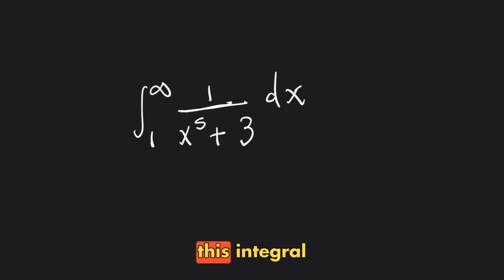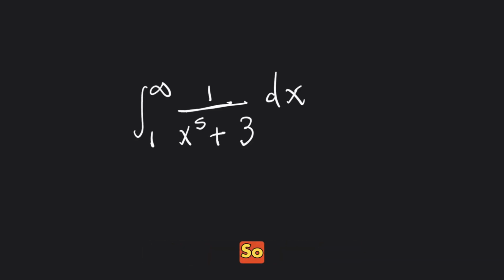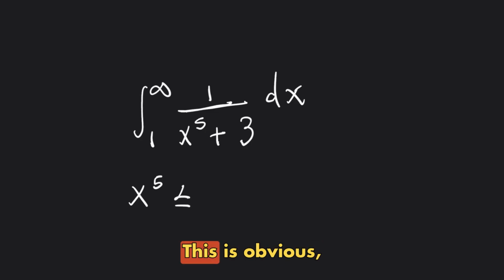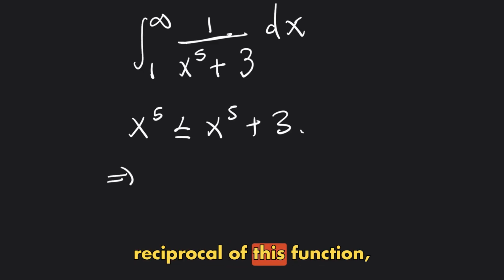Let's see whether this integral converges or diverges by the comparison test. So we are comparing these two functions. We have x to the power 5, and we know that this is less than or equal to x to the power 5 plus 3. This is obvious, right? So if this is the case, then we can take the reciprocal of this function.